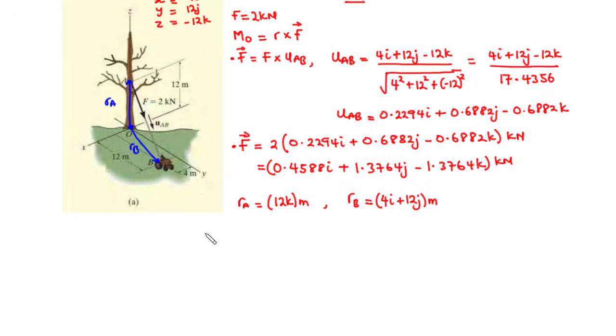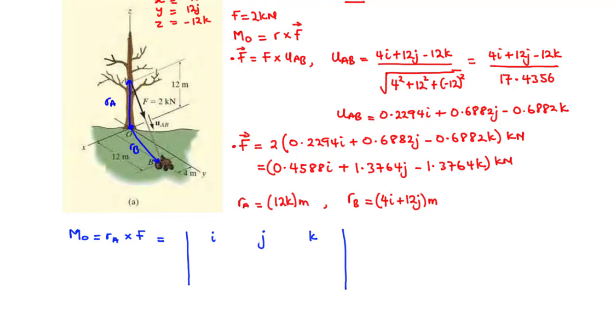So let's find the moment of this force about the point O. We have the moment MO equal to the cross product of RA and F. To find the moment, we are going to construct a 3x3 determinant, where the first row is the unit vectors i, j, and k.